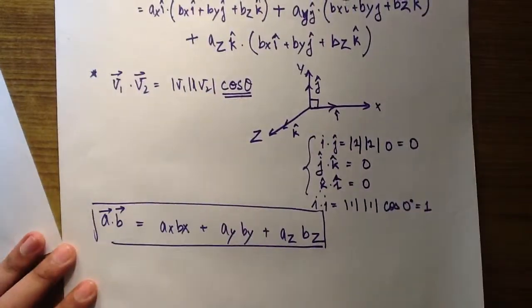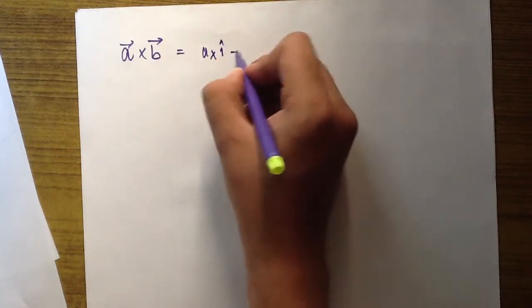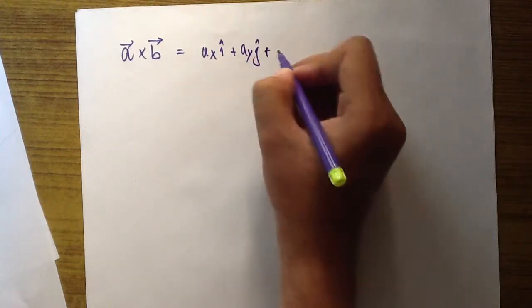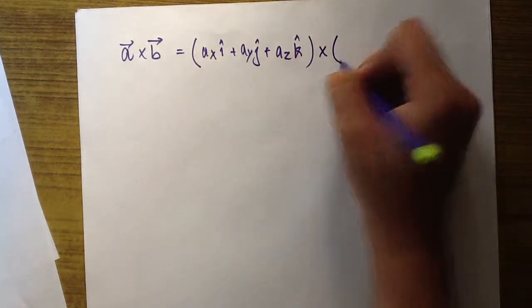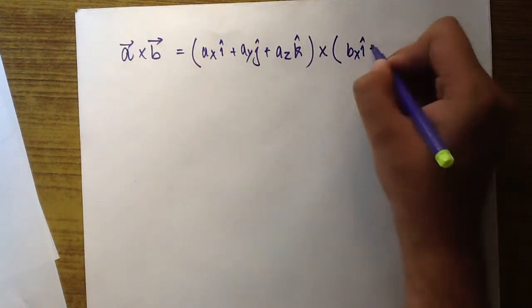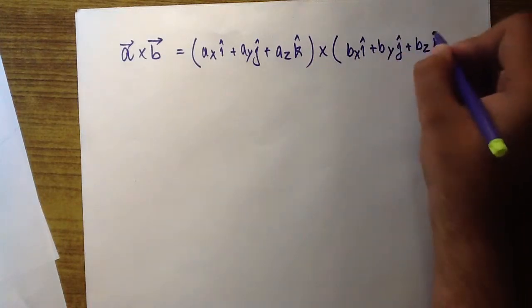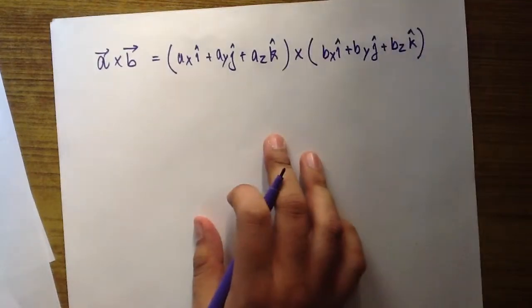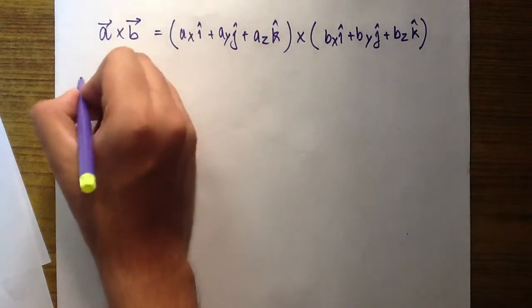Similarly, we get a similar result for the cross product. A cross b would be equal to (ax i cap plus ay j cap plus az k cap) multiplied by (bx i cap plus by j cap plus bz k cap). Now, in order to expand this and get the value of a cross b, we use the determinant rule.